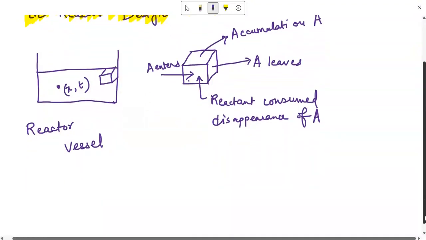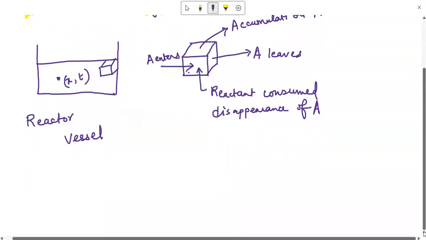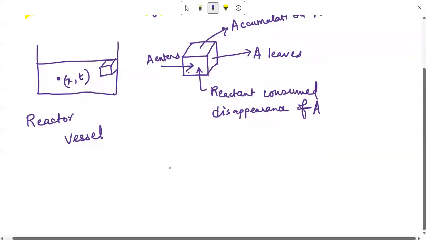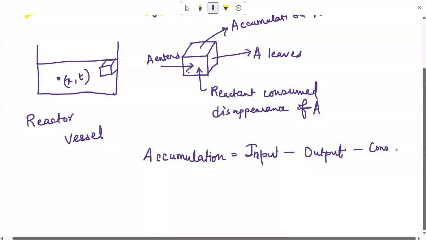Now, if I put up the law of conservation of mass and I carry out the material balance, then I will say the accumulation is equivalent to the input minus the output minus consumption.